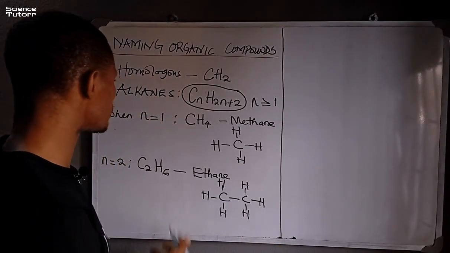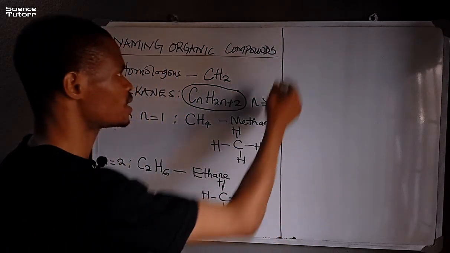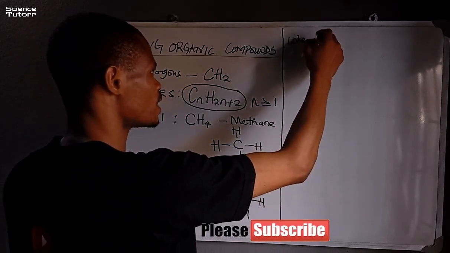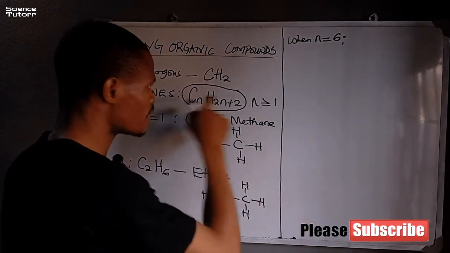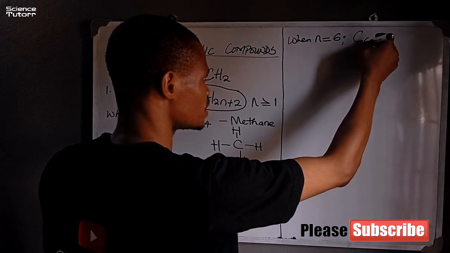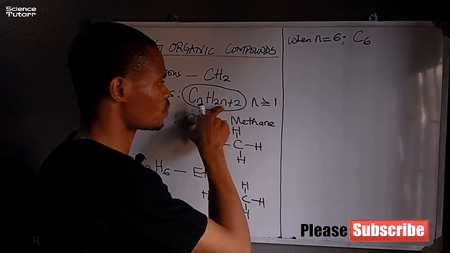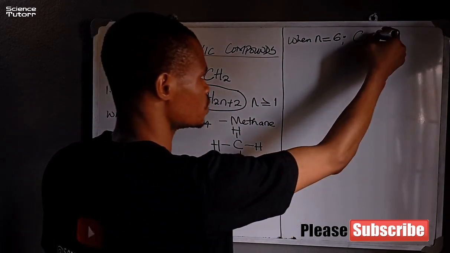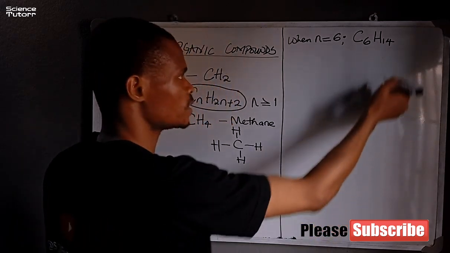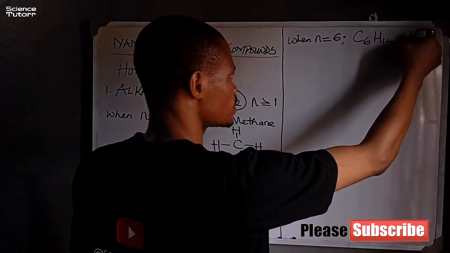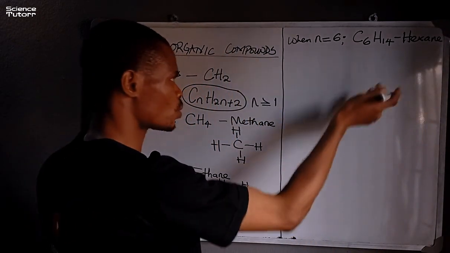Now, considering hexane, the word hex has to do with 6. So when n is equal to 6, substituting 6 here gives me C6. 2 times 6 is 12, plus 2 makes 14, so I have 14 hydrogen. C6H14 simply represents hexane.